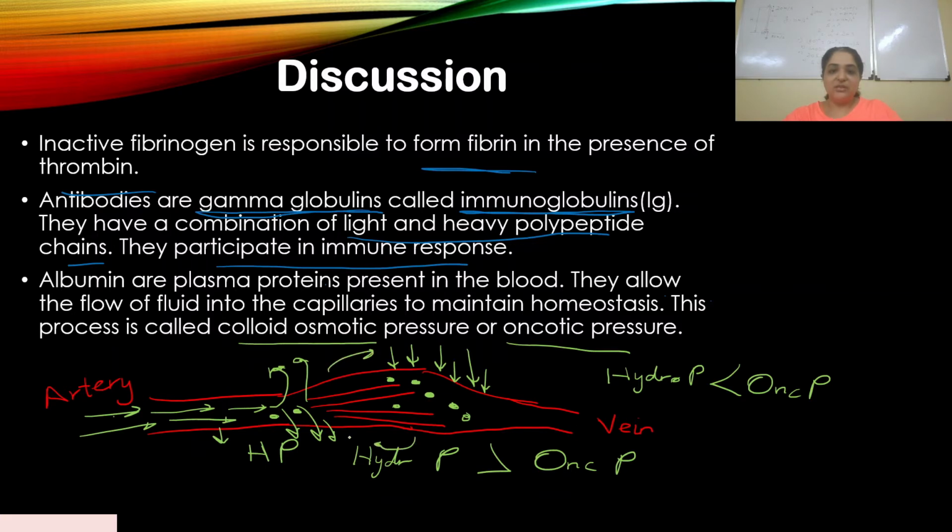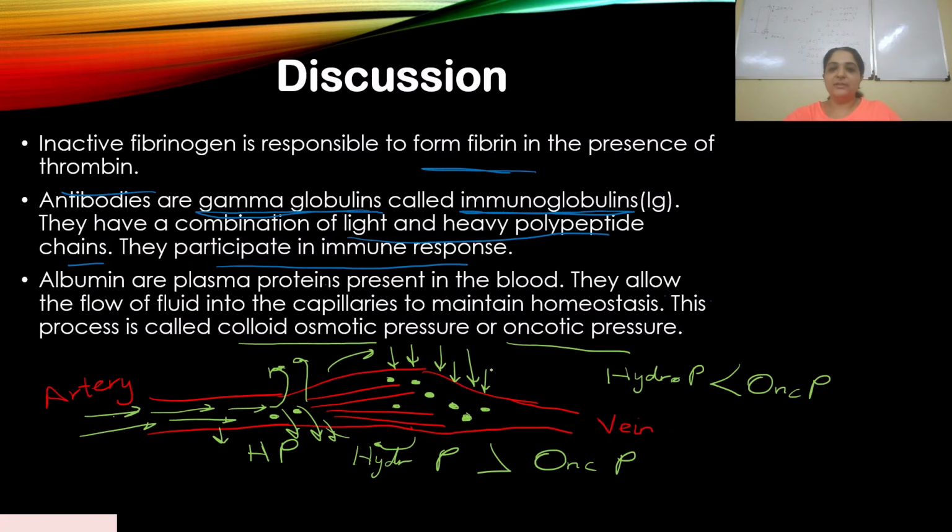Hydrostatic pressure pushes, and oncotic pressure pulls it in. So there is a microcirculation happening in this region. That is why albumin is important to pull the fluid back into the blood flow.